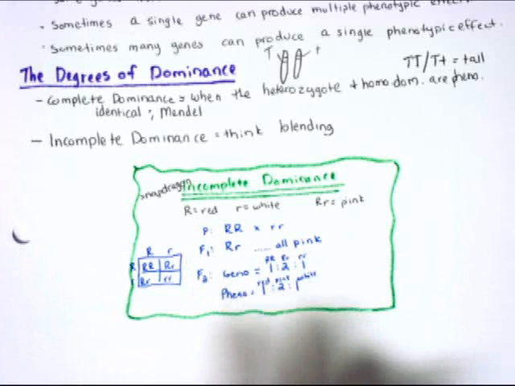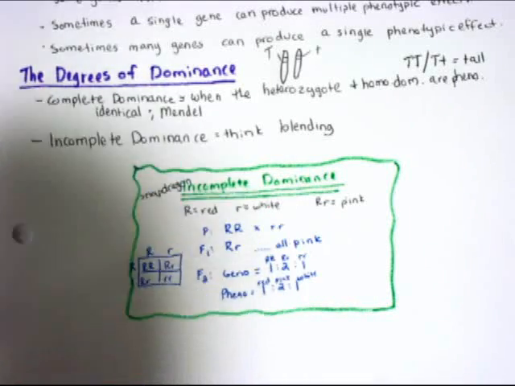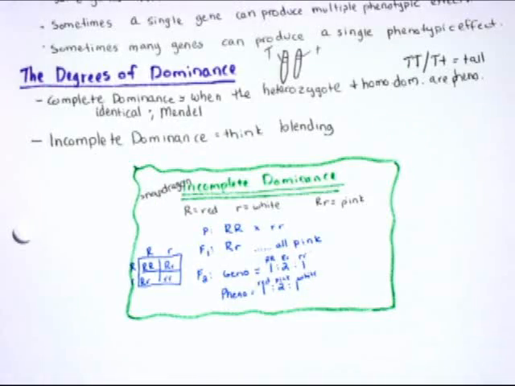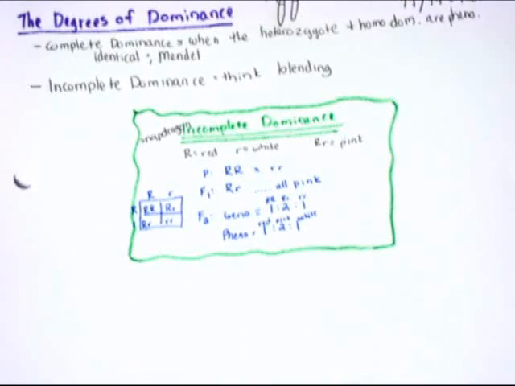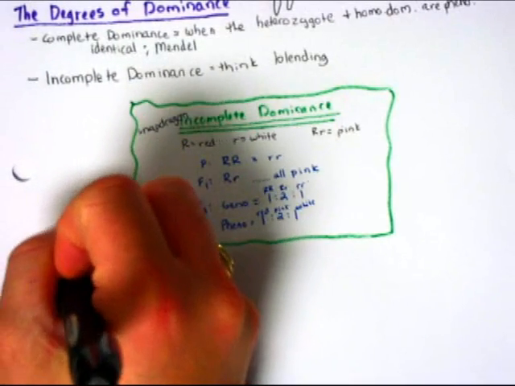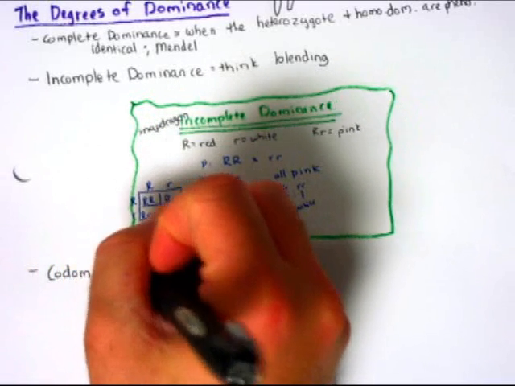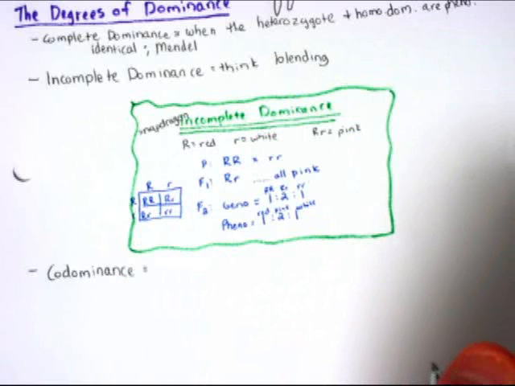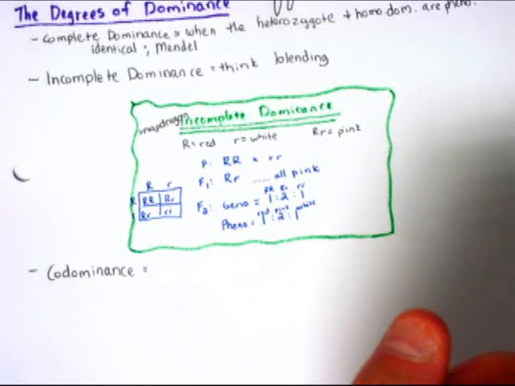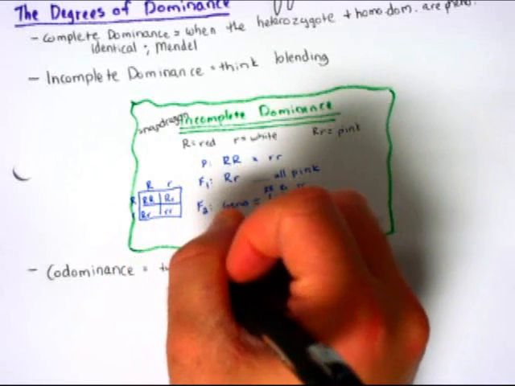You would do this style of problem if it said in the problem it's incomplete dominance. Or it might say complete dominance, in which case you would be doing a Mendel problem. Good? That's not the only degree of dominance we can talk about. There's one more style. We really don't ever do problems with it. It's something I've never seen on the AP exam. It's a style called codominance. M versus N, M, N. This is when you have two dominant alleles.